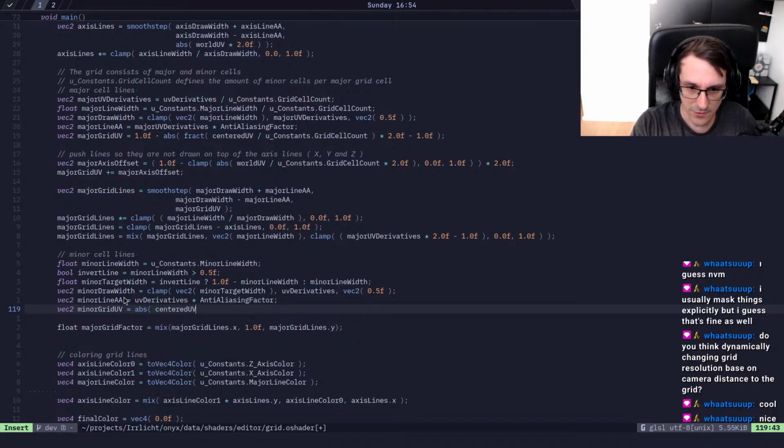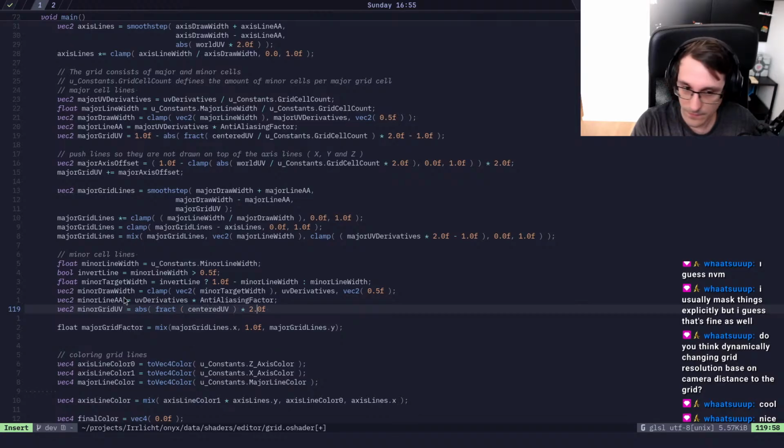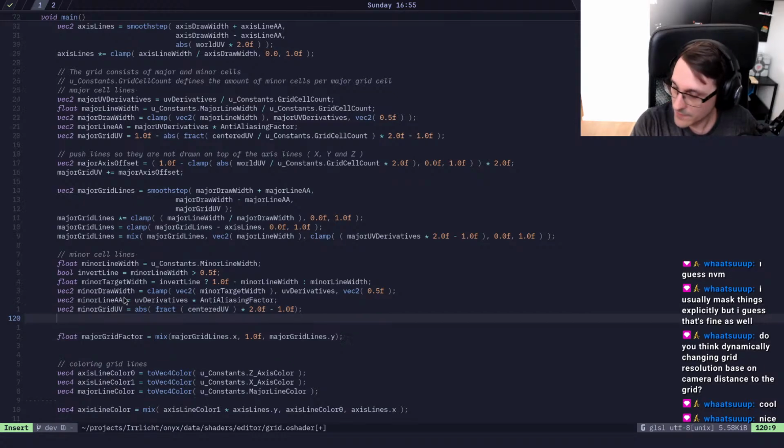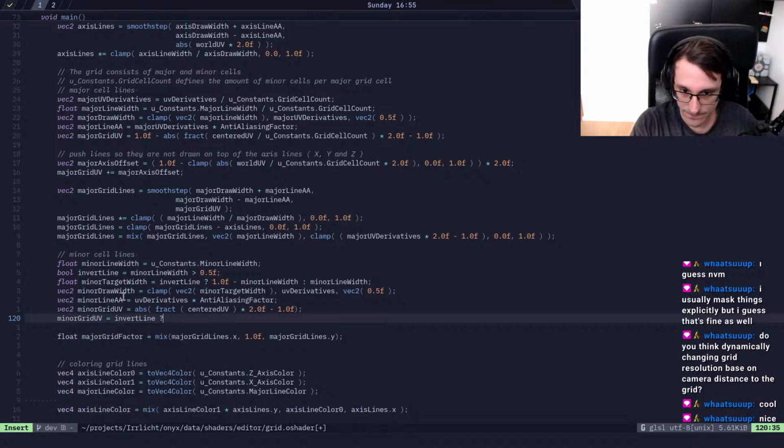Of centered UV times 2.0f over, sorry, rect minus 1.0f, and minor grid UV is our minor invert. Well, sorry, I called it invert line.